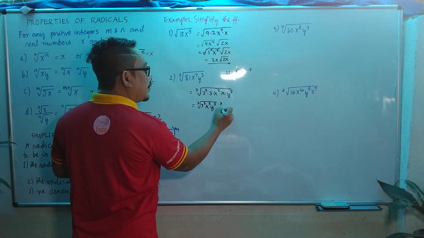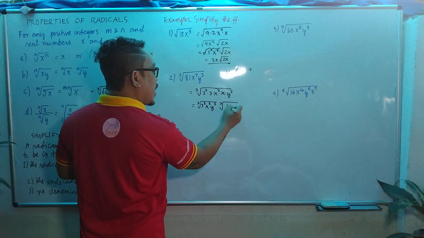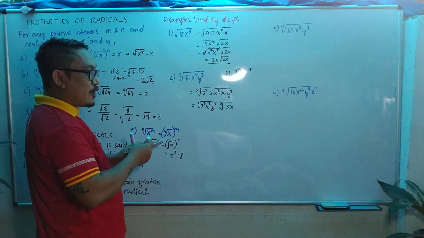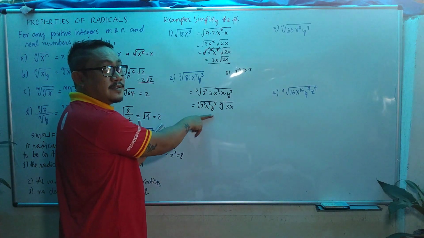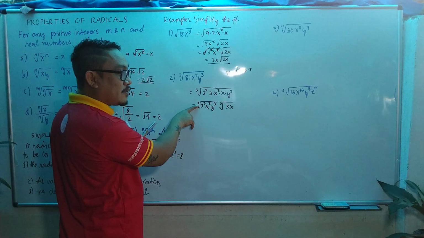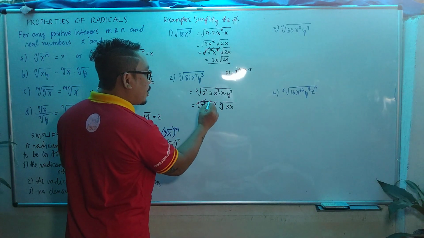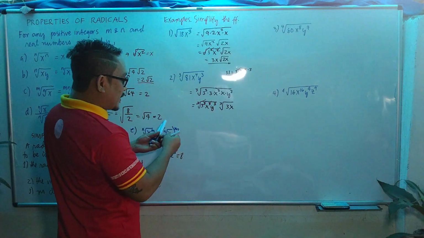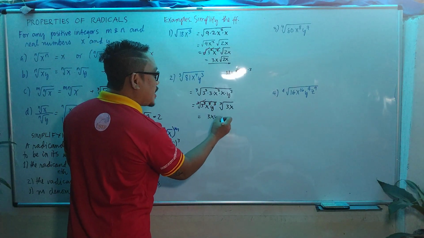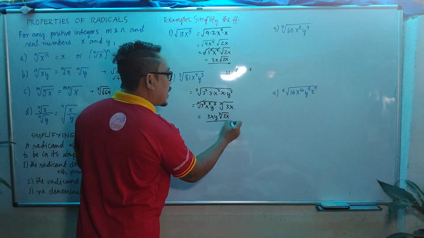The other group is the cube root of 3x. It is clear that the radical is raised to the power of 3, equivalent to the index 3. So, we can cancel the radical and the power. What is left inside is 3xy. Then, you just copy the cube root of 3x. So, that is the final answer.